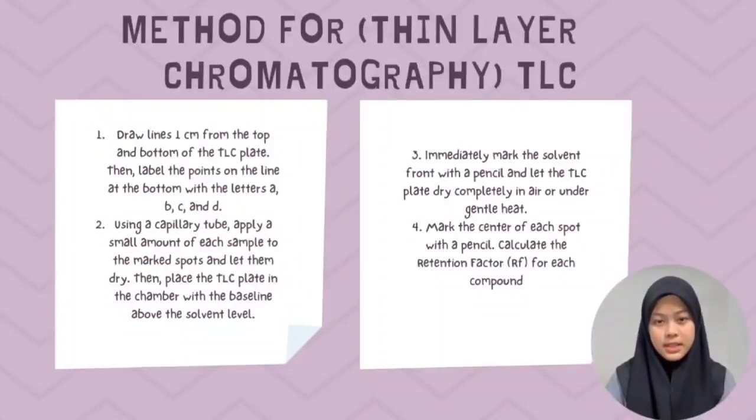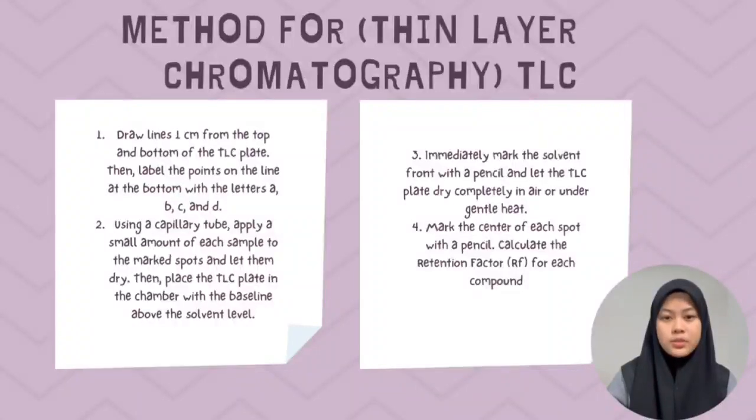For the method of TLC, first prepare the TLC plate by drawing a light pencil line about 1 cm from the bottom to mark the baseline. Next, apply small spots of the sample solution onto the baseline using a capillary tube, ensuring they are spaced evenly. Then, place the TLC plate vertically in a developing chamber containing a shallow layer of solvent, making sure the baseline is above the solvent level.